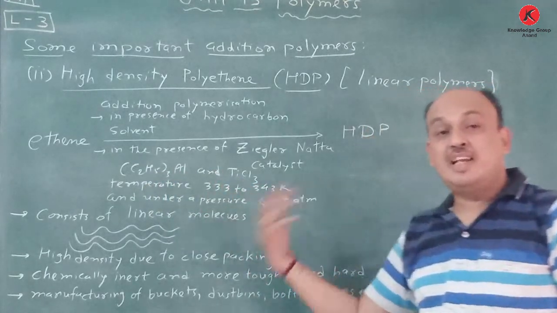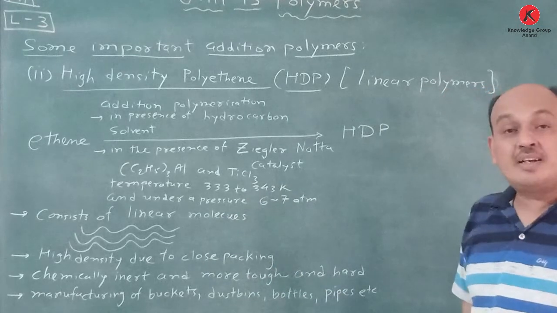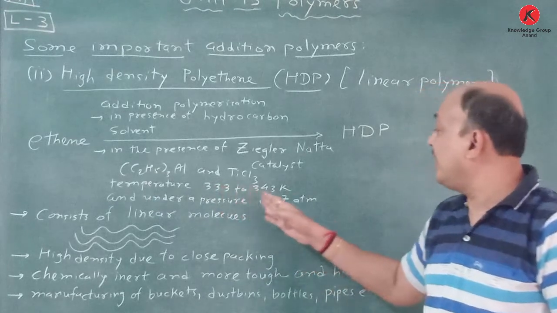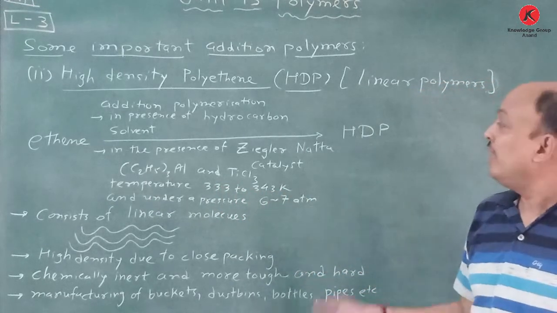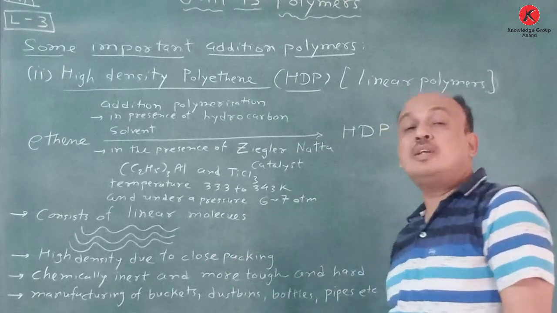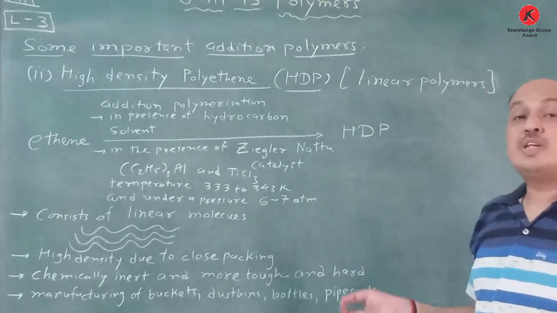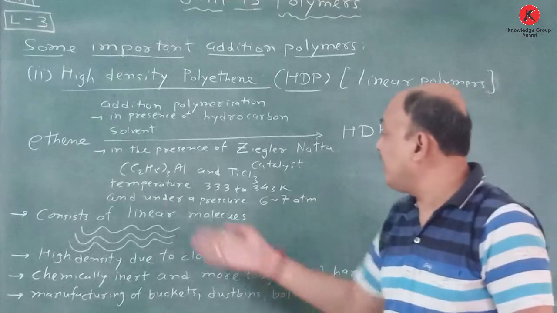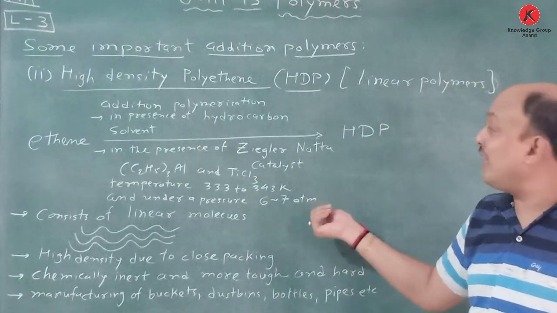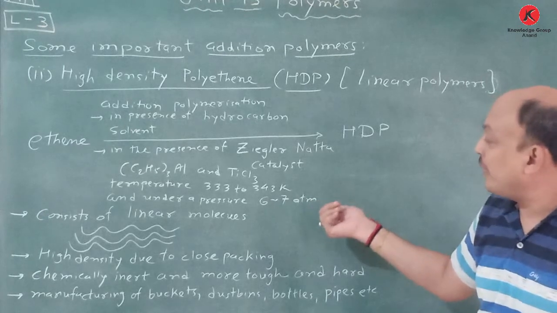Temperature in LDP is very high, 530 Kelvin to 570 Kelvin. Here temperature is very low, 333 Kelvin to 343 Kelvin. In LDP pressure is 1000 to 2000 atmosphere, but here in HDP pressure is 6 to 7 atmosphere, very low. It is very important.